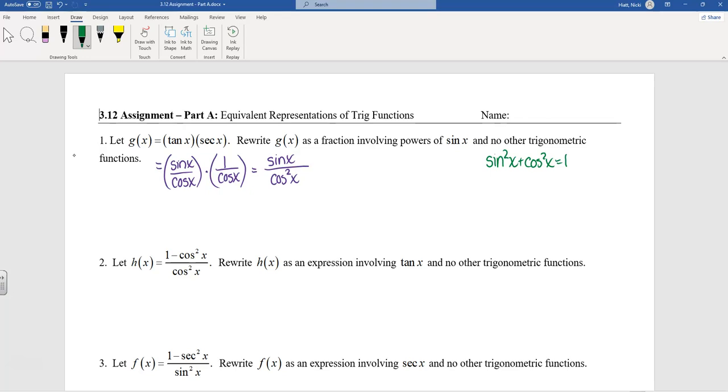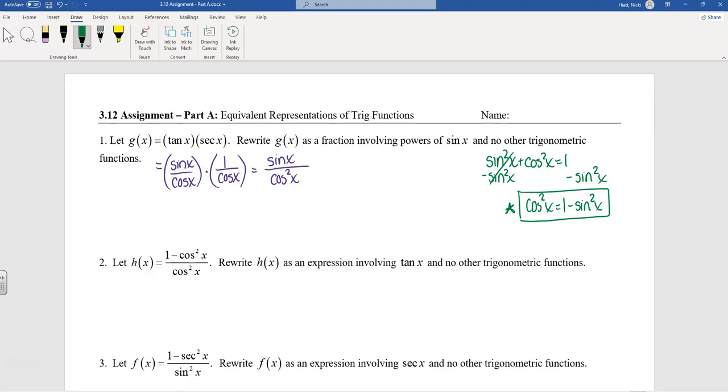But if I take sine squared x and I subtract it from both sides, I will get cosine squared x equals 1 minus sine squared x, right? So this is still true, right? Just moving that sine squared x over to the other side doesn't change the fact this is still true.